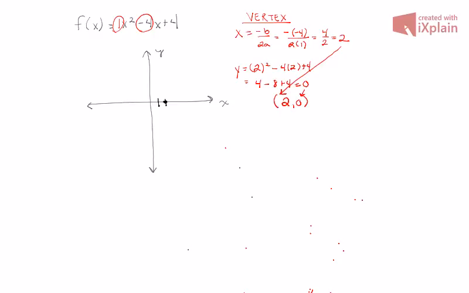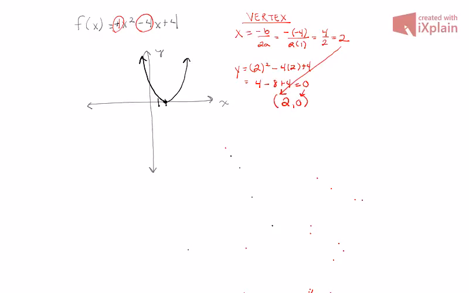And really all that we need to do is a rough sketch, because we're not really being asked to find any sort of x-intercepts or y-intercepts. You can most definitely do that if you wish, or if you feel like it will help you accurately answer this question. But in my case, I know that because the coefficient out in front of the x squared is positive, I just need to know what direction my parabola is going to open up.